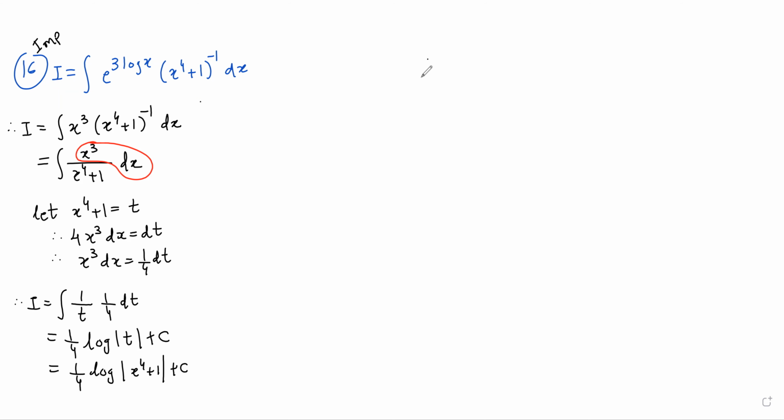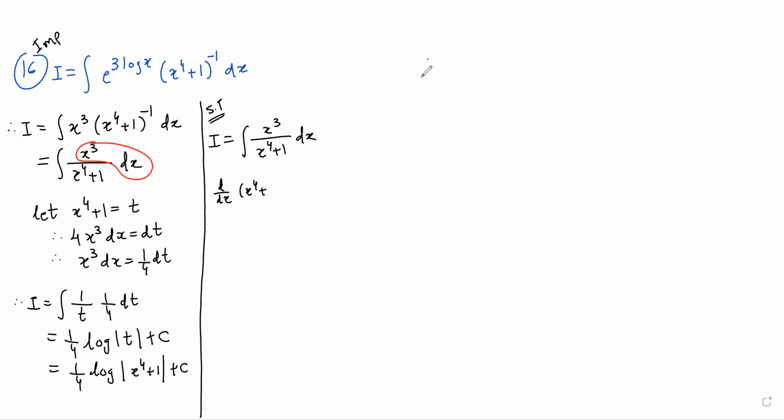What is the shortcut method? Yes, exactly, f dash x upon f x. For the shortcut, I is equal to the integral of x cube upon x raised to 4 plus 1 dx. The derivative d by dx of x raised to 4 plus 1 is 4x cube. Therefore, I is equal to, divide and multiply by 4.